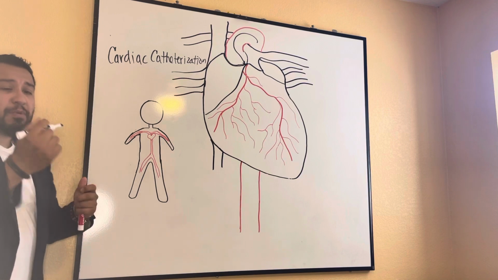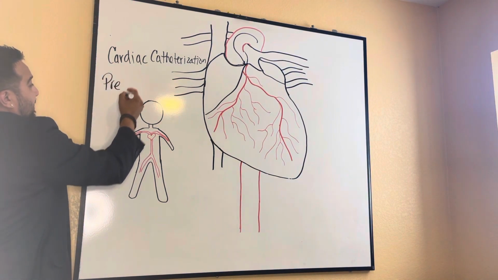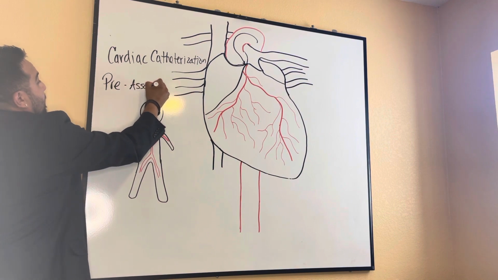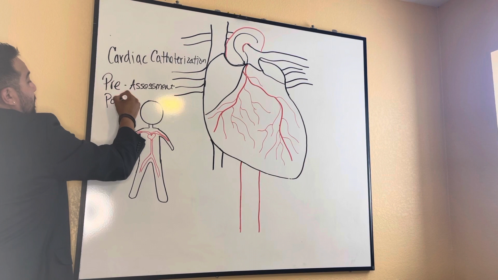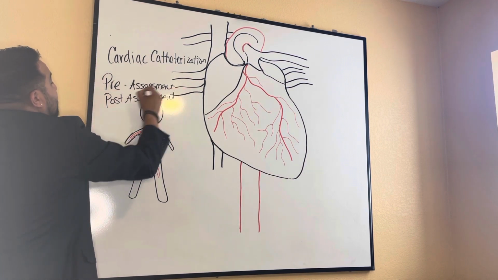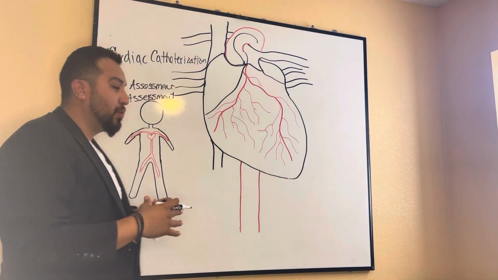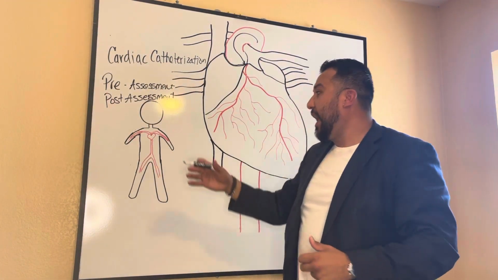So what you really want to focus on as a nurse is your pre-procedure assessment, okay? Your pre-procedure assessment, and then also your post-procedure assessment. It's imperative that as a nurse, we educate the patient as to what the patient is going to be going through when the catheter is being inserted.